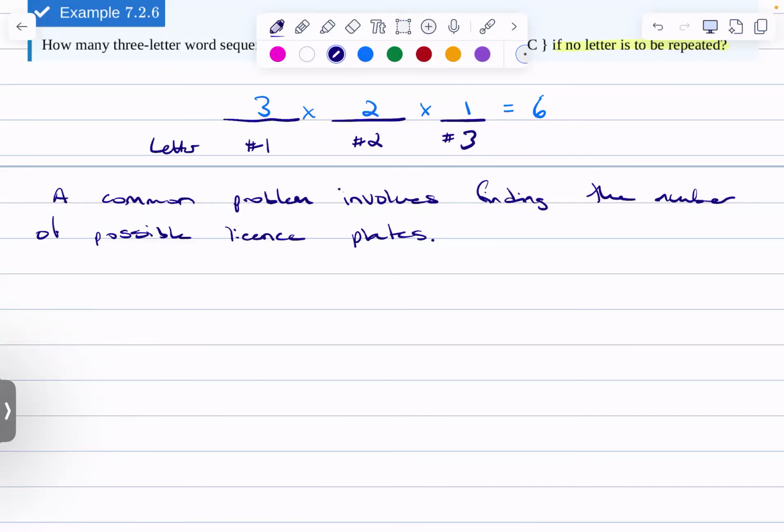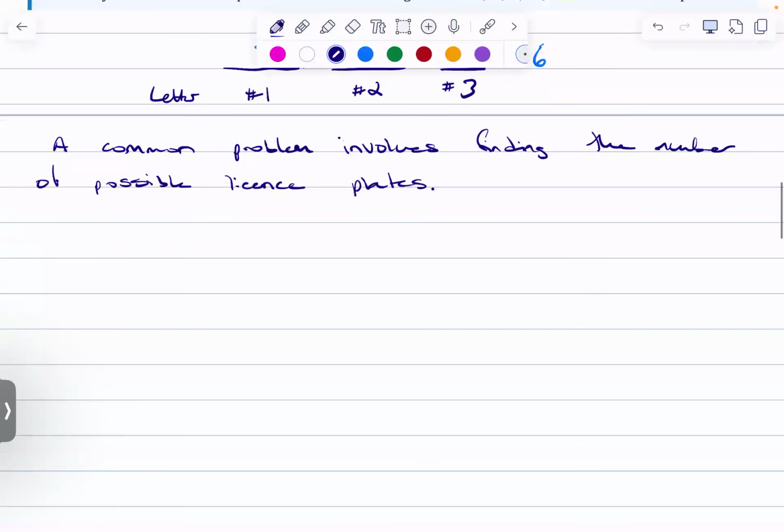Cars in BC now, cars, not trucks, now follow, what is it? Alpha, alpha, numeric, numeric, numeric, alpha. Letter, letter, number, number, number, letter.